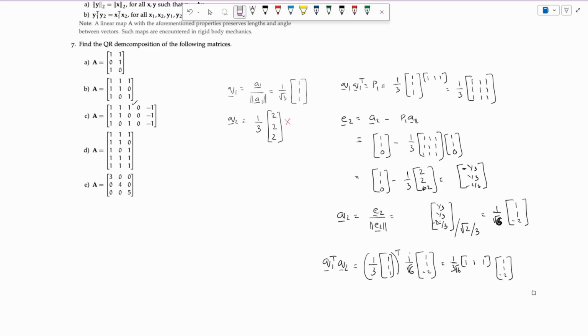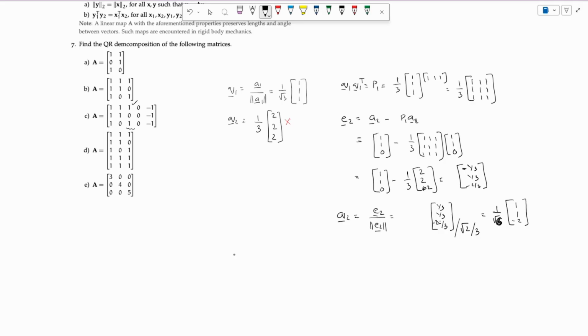How will you compute Q3? What do you need for computing Q3? Okay, so to compute Q3, we need to first take A3 and then orthogonally project it onto the subspace spanned by Q1 and Q2.